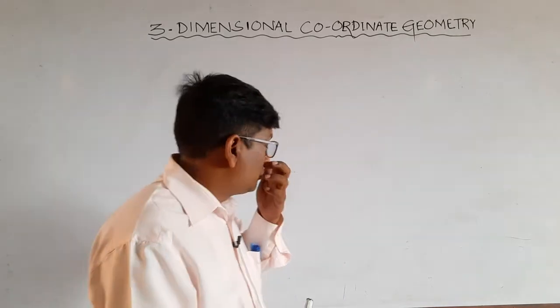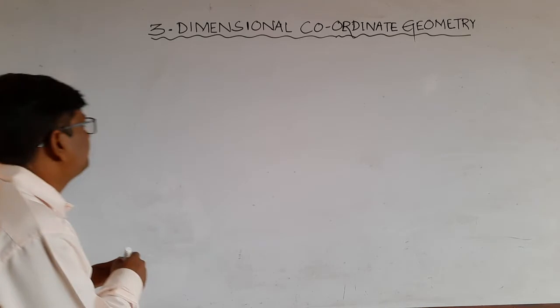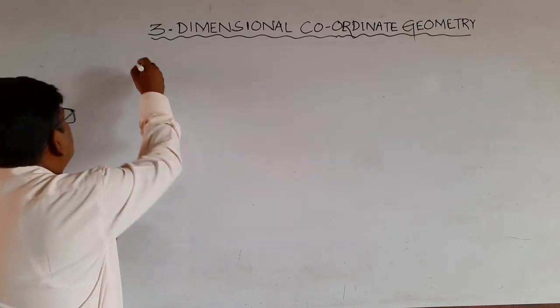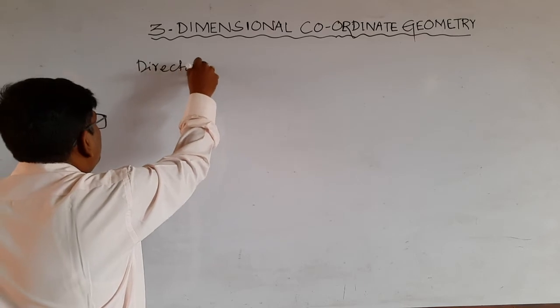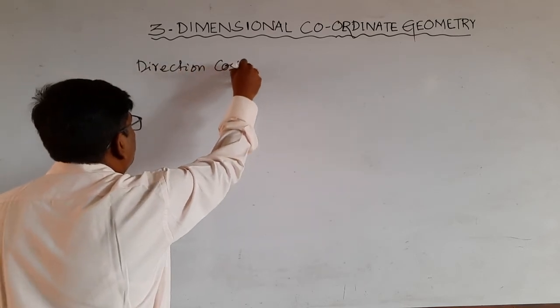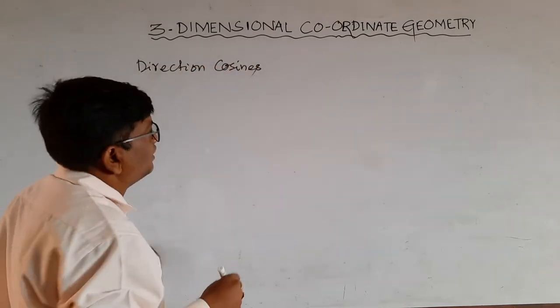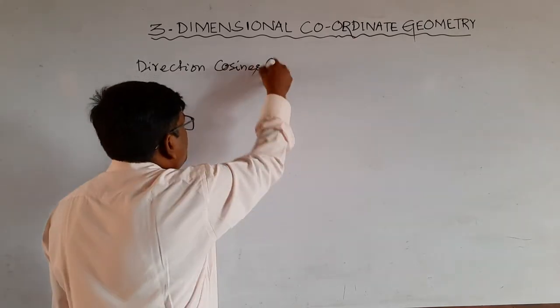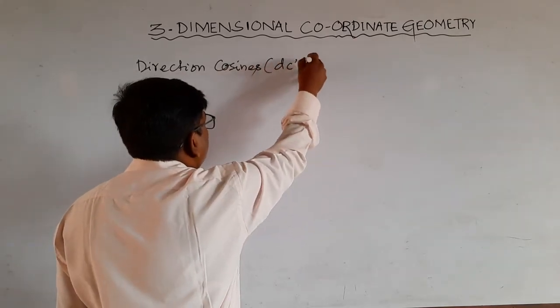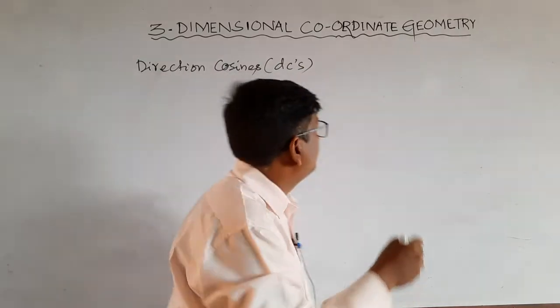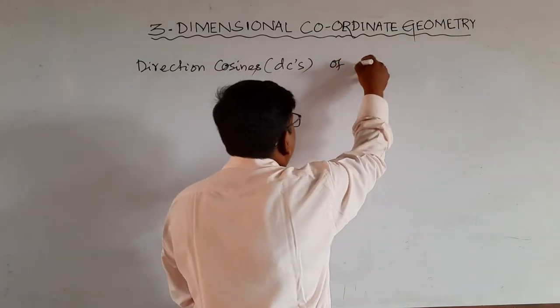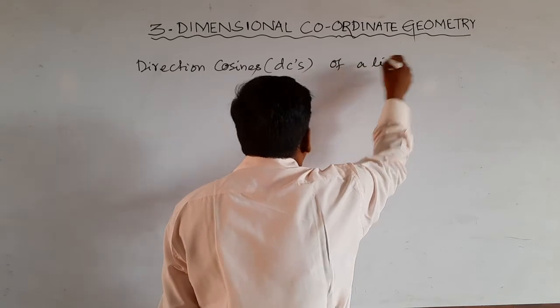So what is direction cosine? Direction cosines, the short form is DCs of a line.